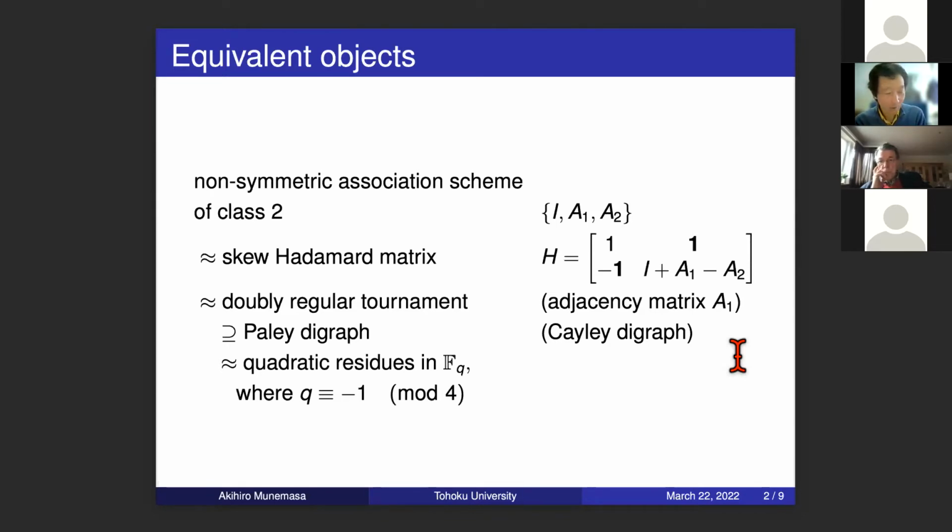Incidentally, tomorrow's session is devoted to Paley graphs, but this is not the Paley graph in the usual sense, but a digraph. So you may think of any of your favorite concepts and regard a non-symmetric association scheme of class 2 as just the main part of a skew-Hadamard matrix, or doubly regular tournament, or Paley digraph, and so on.